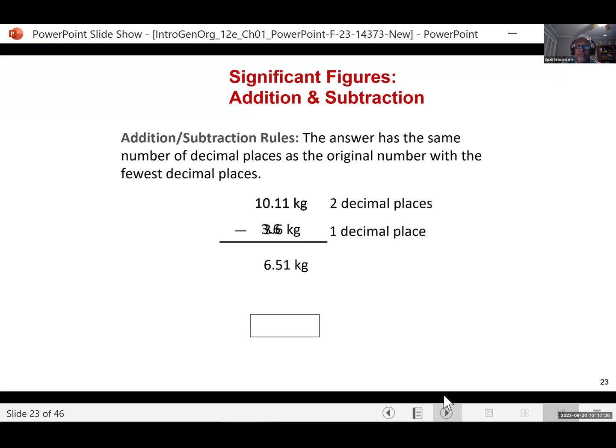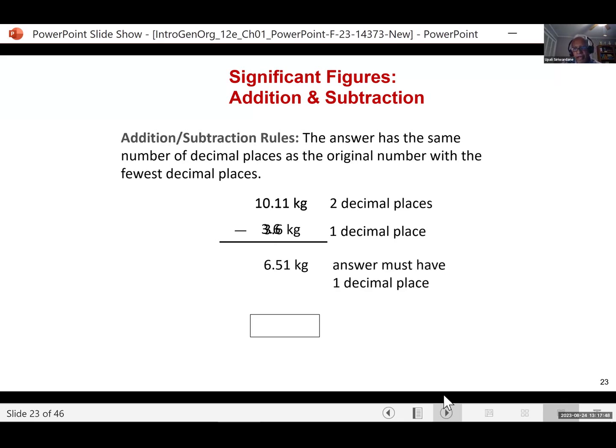Now this number needs to be rounded off to the first decimal place. So you go there, drop the 1 in the second decimal place. If the second decimal place was 5 or greater, you need to add 1 to the first decimal place. In this case, 1 is less than 5.